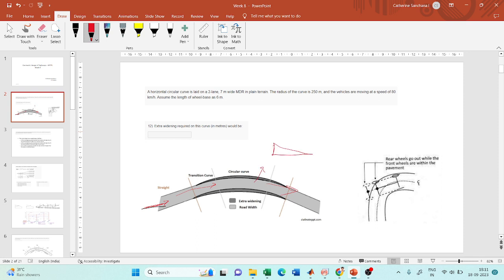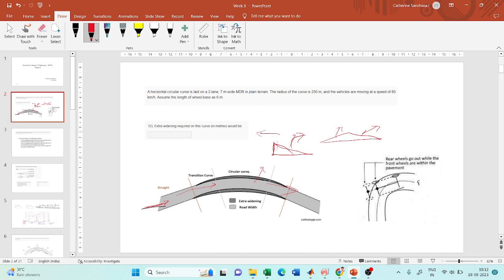The road cross section will be something like this, as opposed to this in a straight section, which is called camber. In the curved section, it becomes super elevation, where only one portion of the roadway is raised, because vehicles tend to be pulled outside when negotiating a curve, hence the introduction of super elevation.